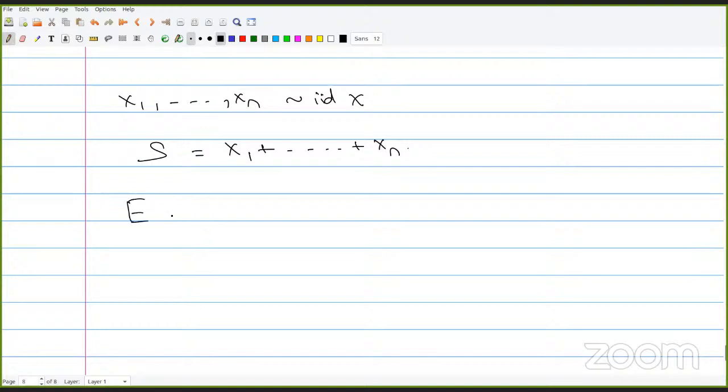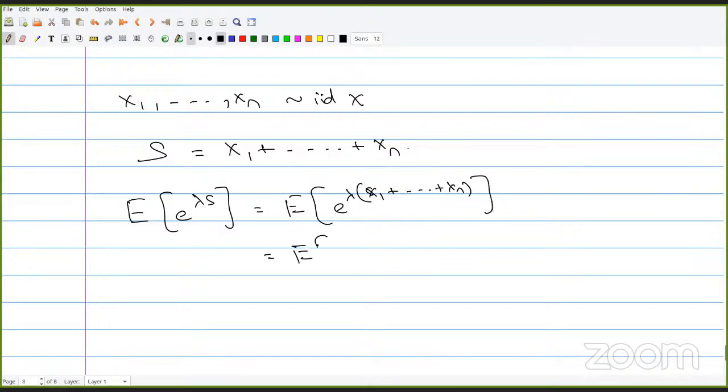It is the expected value of e to the power lambda S, which is the expected value of e to the power lambda times (X1 plus and so on Xn). Since e to the power x plus y is nothing but e to the power x times e to the power y, likewise I can write it as a product.